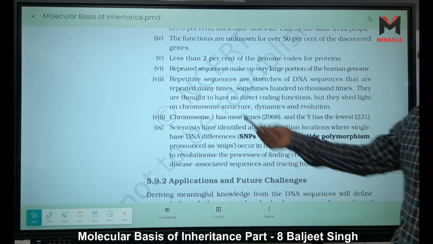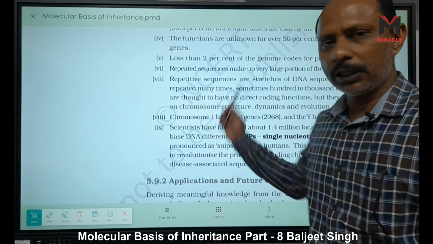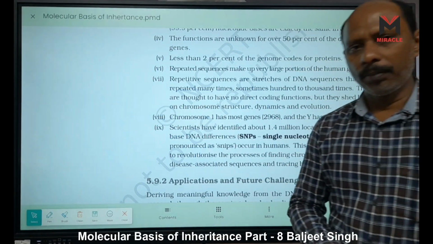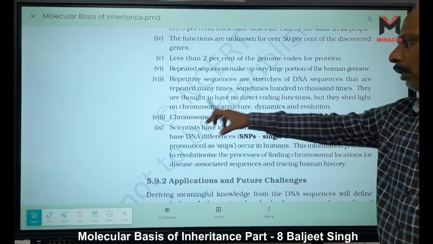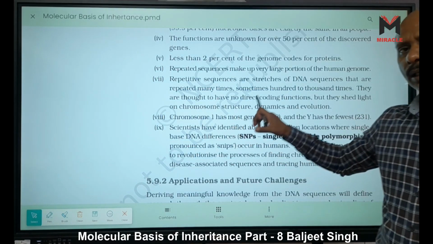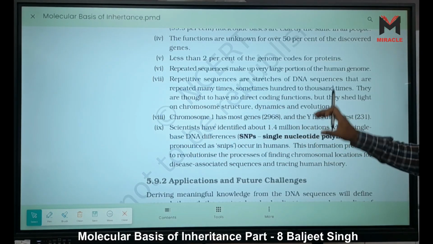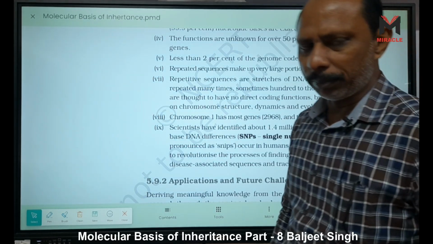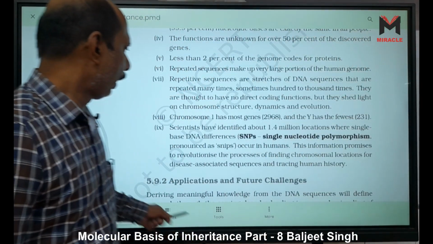These are stretches of DNA not responsible for direct coding, but they shed light on chromosome structure, dynamics and evolution, right? And these stretches are repeated many times, sometimes 100 to thousands of times.